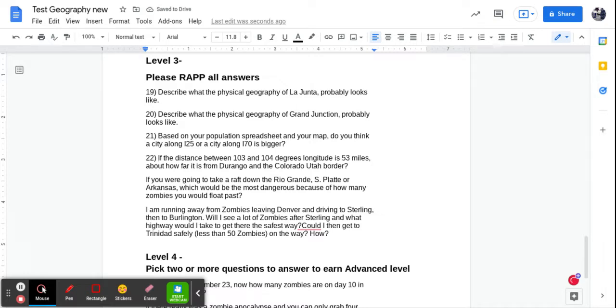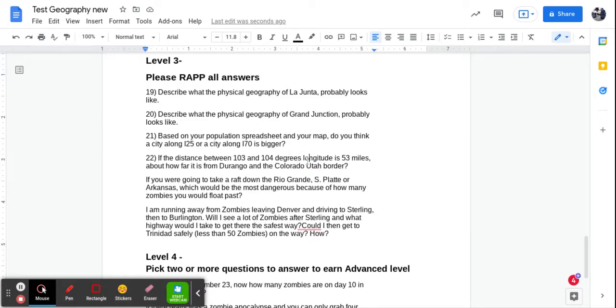Number 22. If the distance between 103 degrees west and 104 degrees west of longitude is 53 miles wide, so in Colorado between 103 degrees longitude and 104 degrees longitude it's 53 miles, knowing that, about how far is it from Durango to the Colorado-Utah border?